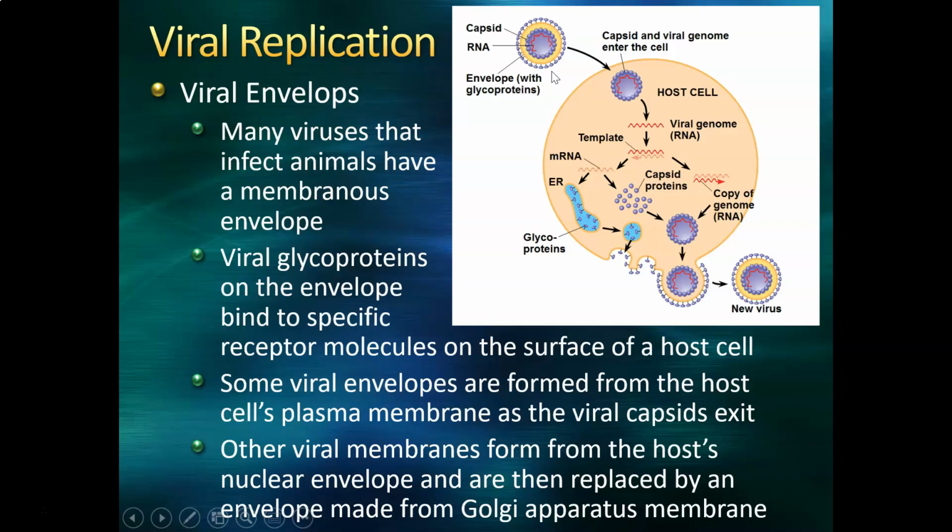And then most of the time, those envelopes contain other carbohydrates and other proteins that come off of that essentially phospholipid membrane that's surrounding their protein coat. And those viral glycoproteins, glyco being carb, protein being a protein, so it's a combination of the two, on that envelope will then bind specifically to receptors on the surface of other host cells and allow them to gain entry.